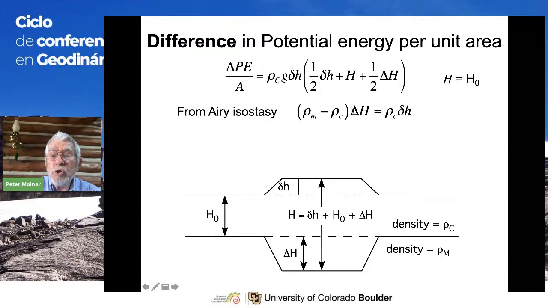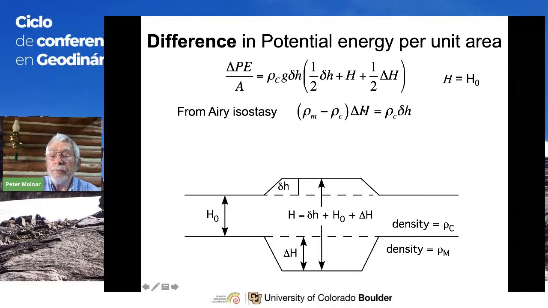Well, if we assume area isostasy, so area isostasy merely means that the mass above sea level, rho c times the height in here, has to be compensated by a deficit of mass, which is the difference in density between the mantle density and the crustal density over the thickness of the crustal root down in here.